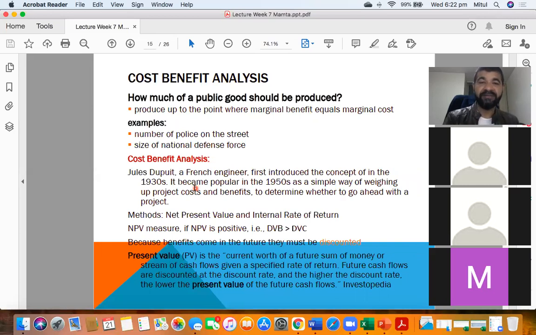Because benefits come in the future, they must be discounted. So if the discounted value of benefit is greater than the discounted value of cost. How do they mean by these things?